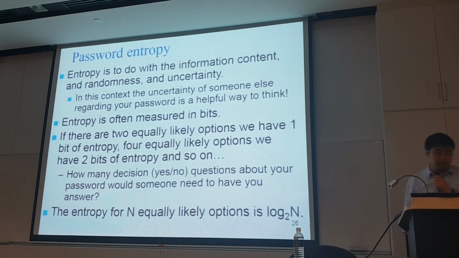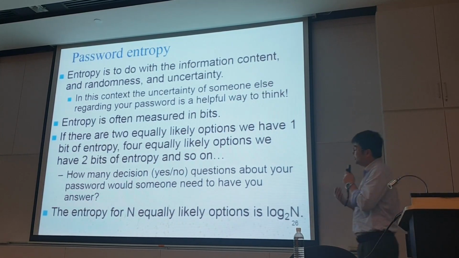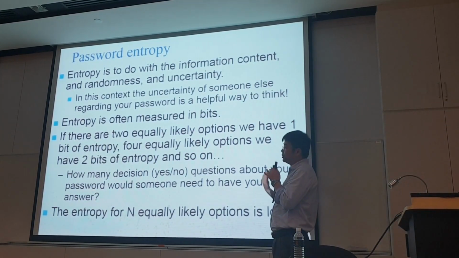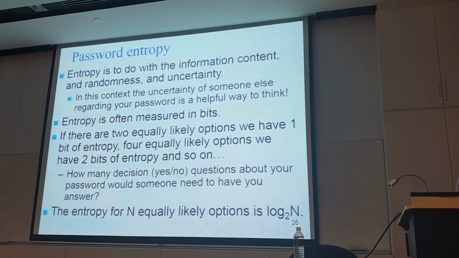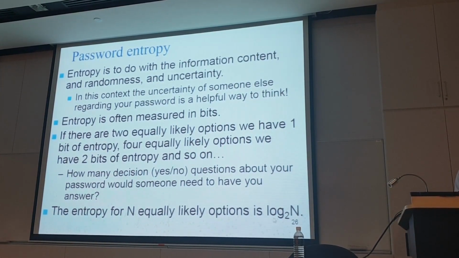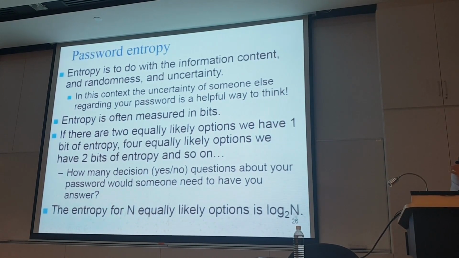So entropy is based on the number of possible passwords. Entropy is a log base 2 of the number of possible passwords. So if you have a number of possible passwords equal to n, then entropy is measured by log base 2 of n. Right?